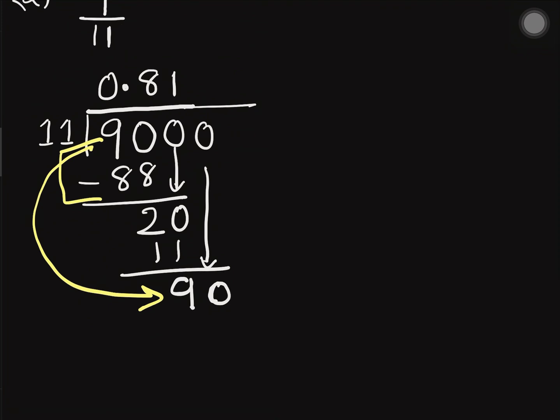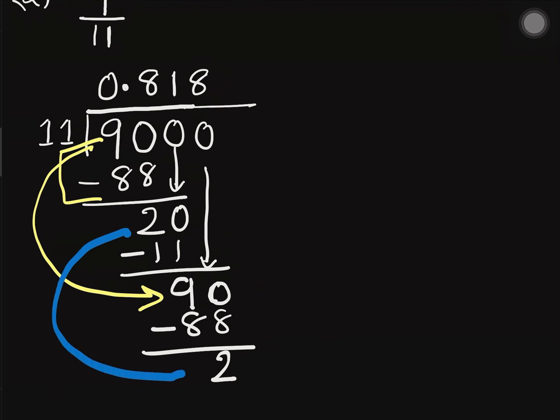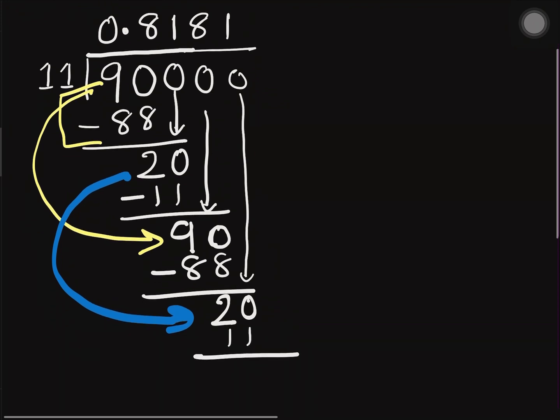So again 11 eights are 88. 90 minus 88 is what? 2. So look at this, again this is repeating here. So 20, if you put 0, 11 ones are 11, and then the remainder is 9.